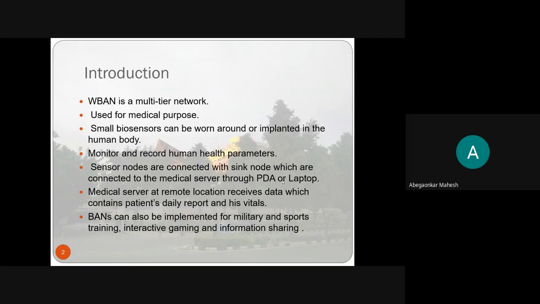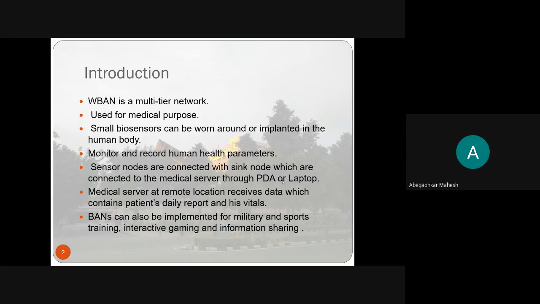A small introduction. BAN, as most of us know, is a multi-tier network. It is used for medical purposes a lot. Small biosensors can be put around or implanted inside the human body.